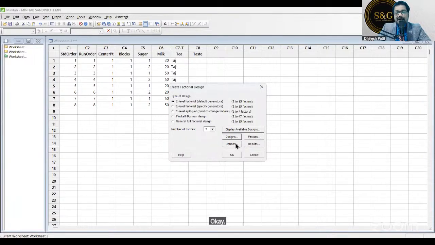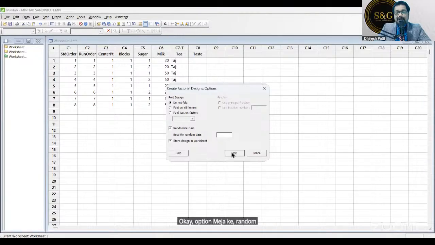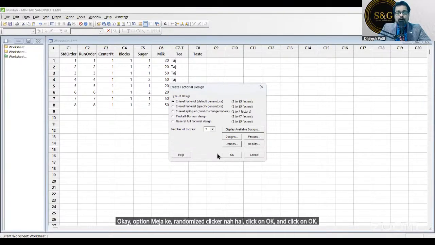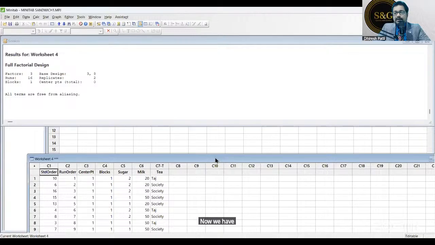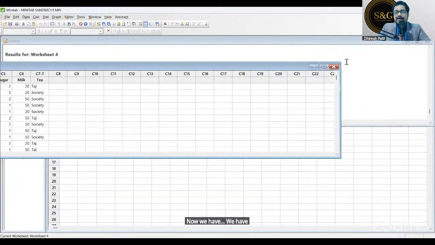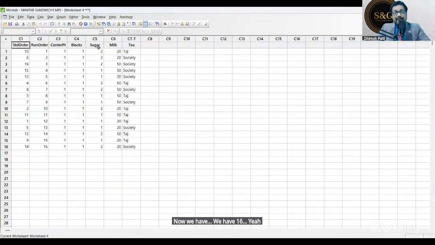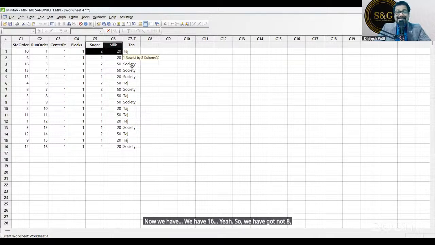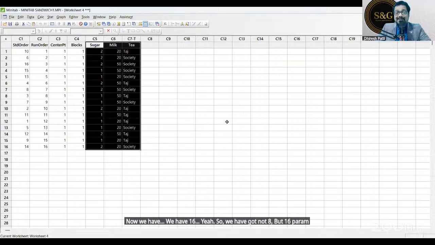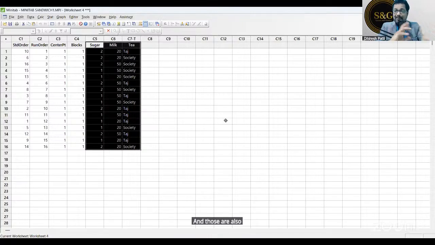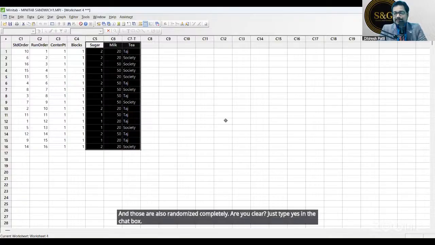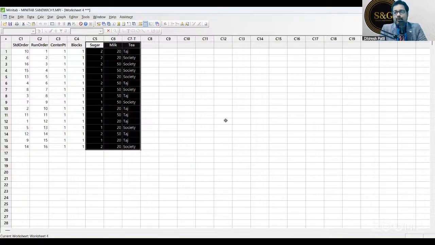Option में जाके randomize click करना है. Click on OK and click on OK. Now we have 16, so we have got not 8 but 16 runs, and those are also completely randomized. Are you clear? Just type yes in the chat box. Mila sabko? Everybody got it?